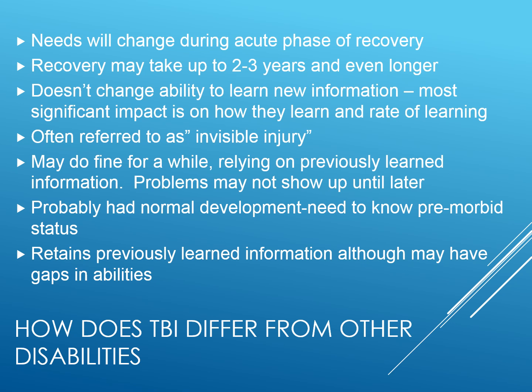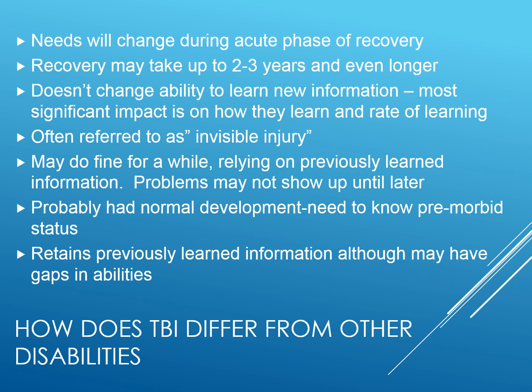To wrap things up, let's discuss how TBI is different from other disabilities. First, needs with a TBI patient will change constantly during the acute phases of recovery. Recovery and changes may take up to 2 to 3 years and even longer.